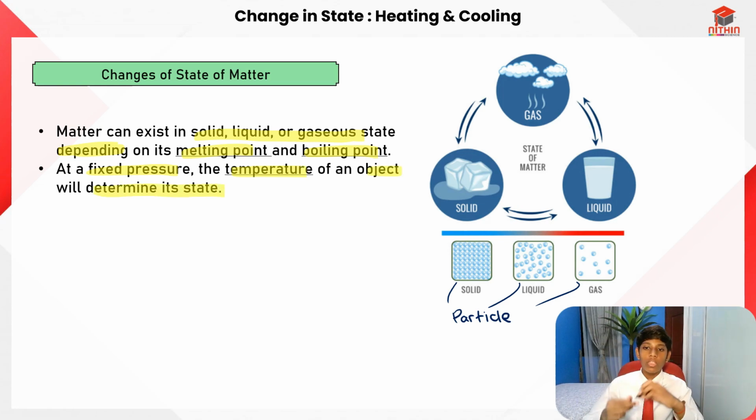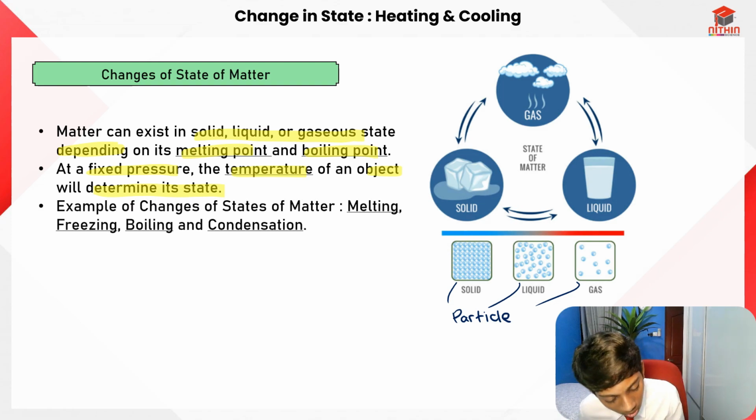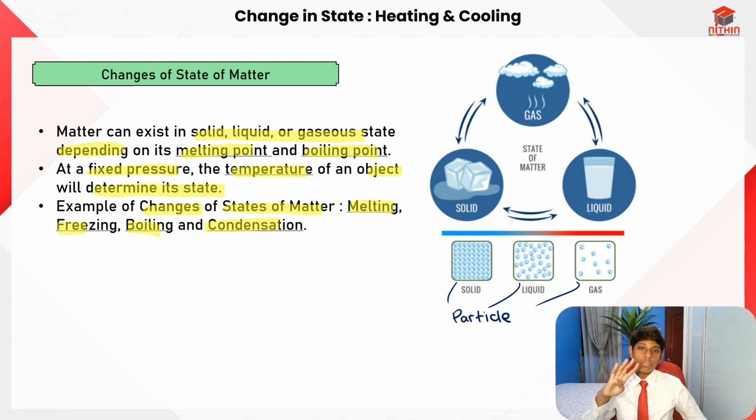So when the pressure on the object is fixed, the temperature of that object will determine its state. Next, examples of changes of state of matter: melting, freezing, boiling, and condensation. We're going to take a look at these four changes in state right now.